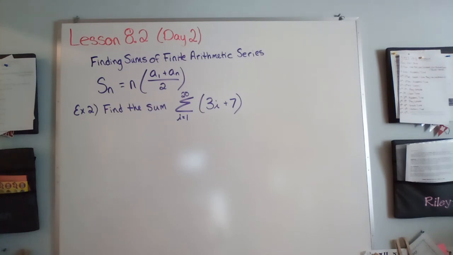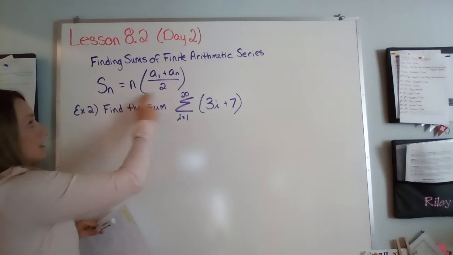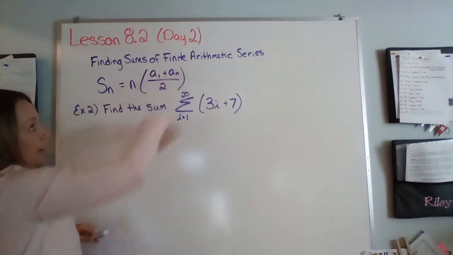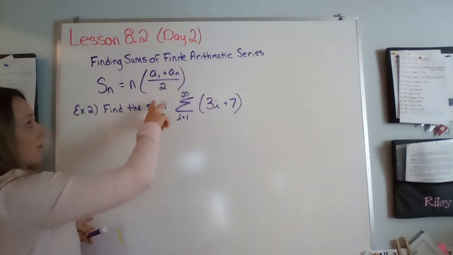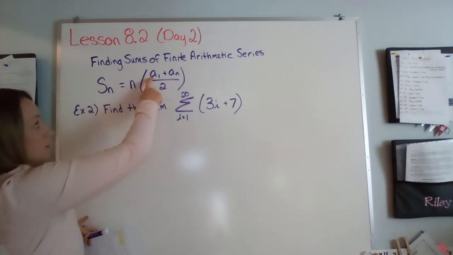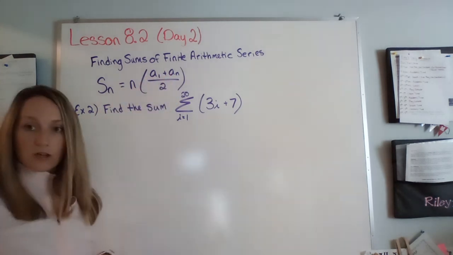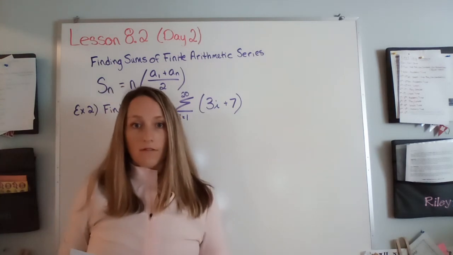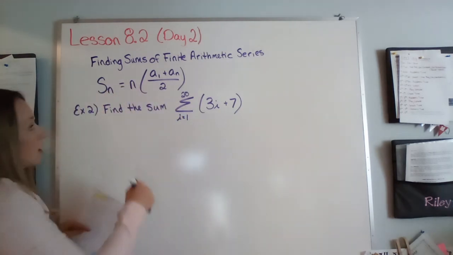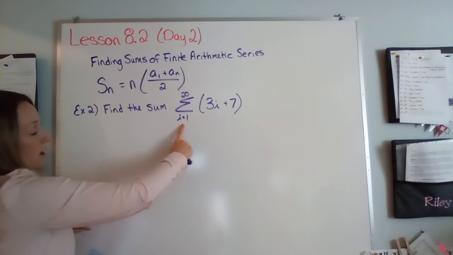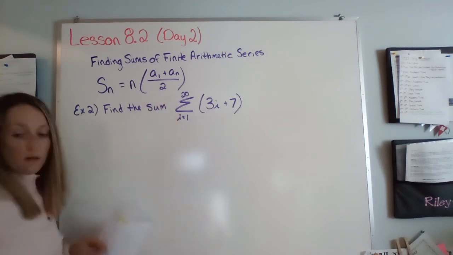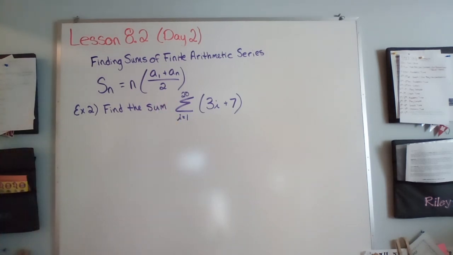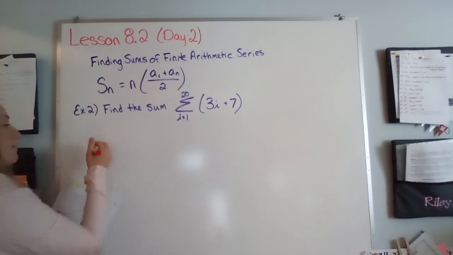In order to use the sum of a finite arithmetic series, let's think about what we need. We need to know the first term, and we need to know the nth term. The nth term in this case is going to be the last term of the series. So we start at 1 and we go up to 20.